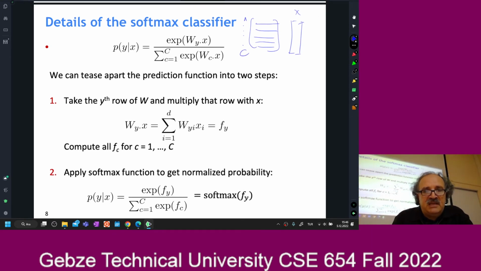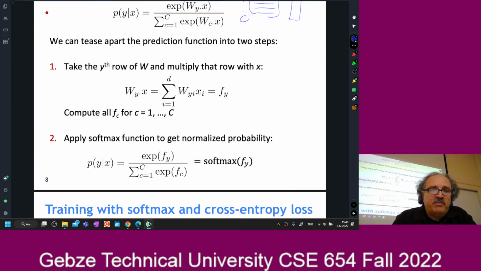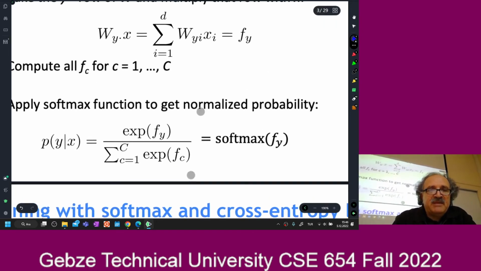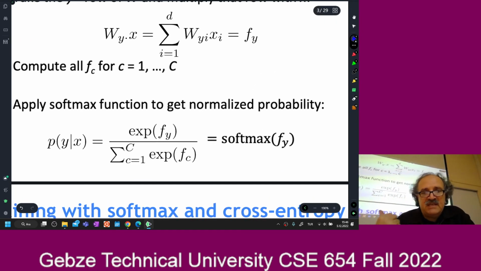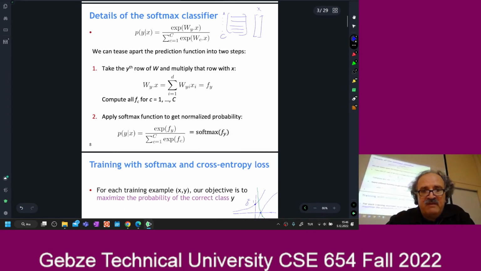Put that number into e to the power of that number, and the multiplication of all the rows with that feature vector X is going to give you the softmax value of that one.